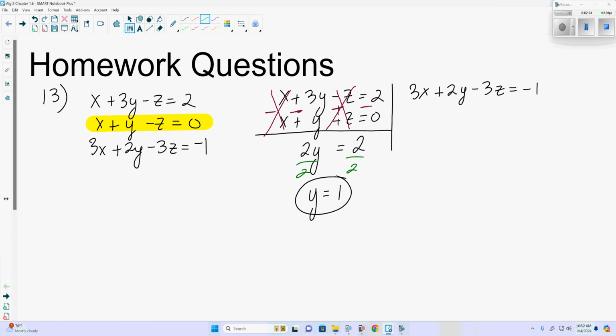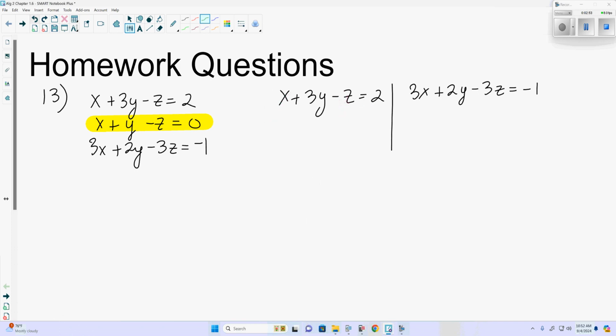And I have a feeling we're going to get y equals 1 on the other one, yes? Mm-hmm. Yep, because we'd multiply through by 3, which is going to get x to cross out also. Since x and z are both going to cancel each other out, I'm going to do this again, but with y this time.